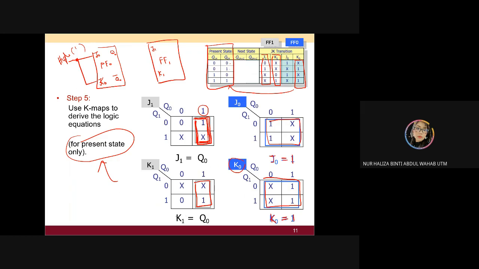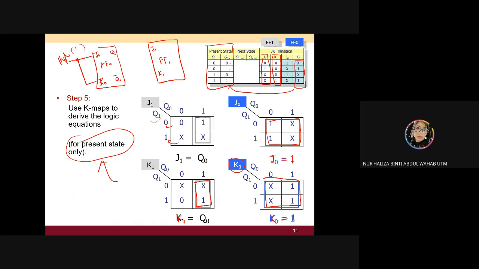And similar for your K1 here. If you have like this, it's going to be similar for your Q1. If you have like this, you're going to have Q0 bar. If you have like this, you're going to have Q1 bar.